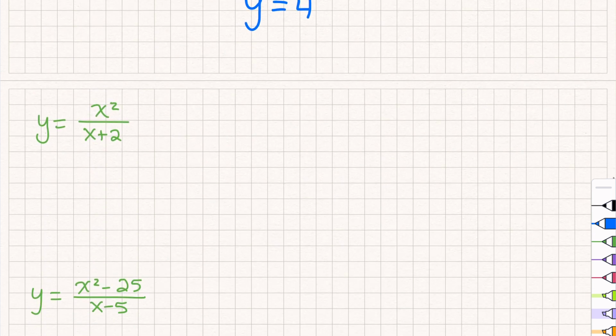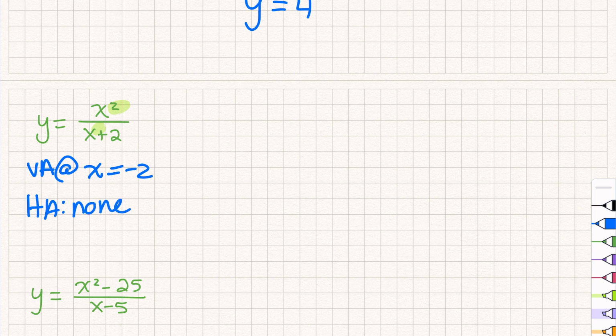Okay, so for this one, we have a degree of 2 and degree of 1. It's exactly 1 higher. We have a vertical asymptote at x equals negative 2. For the horizontal asymptote, we're going to write none. But we have an oblique asymptote.